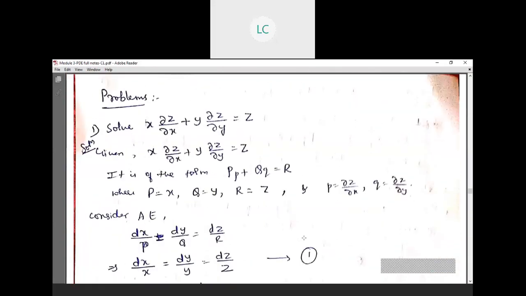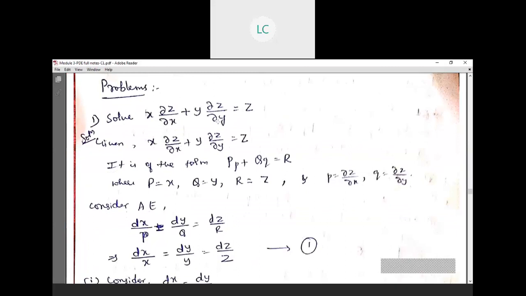Now, see the first problem. x dou z by dou x plus y dou z by dou y is equal to z.